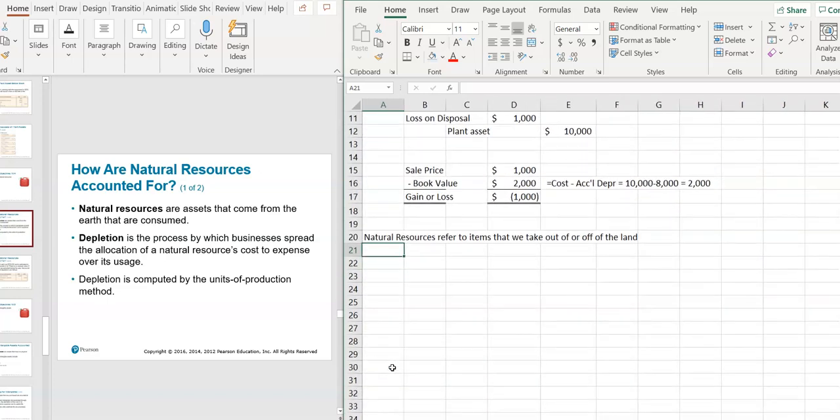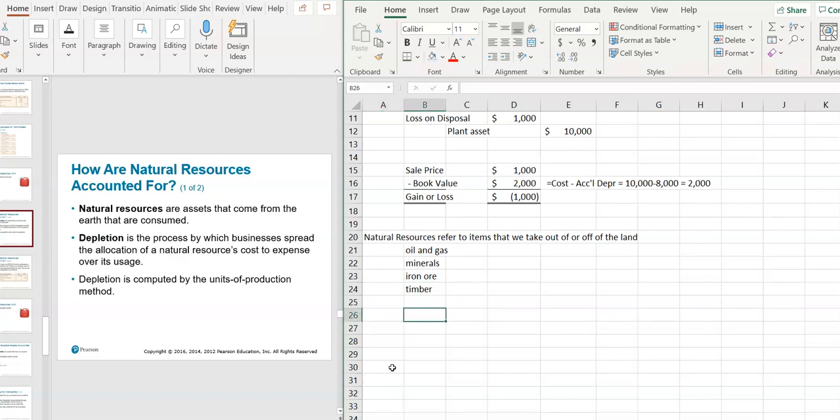So this might be oil and gas, minerals, iron ore, timber, coal, anything like that. Okay.